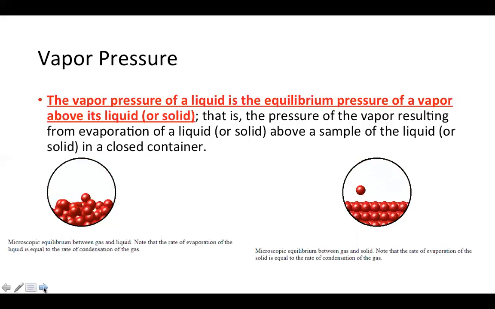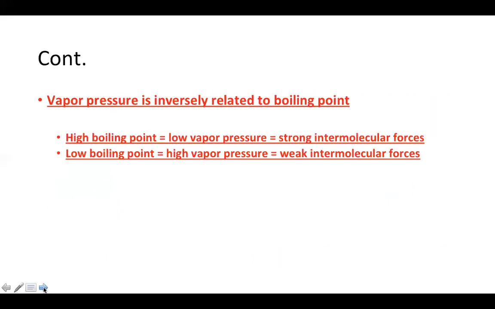Again, you might see vapor pressure with a question related to intermolecular forces. Vapor pressure is inversely related to the boiling point. Remember we said before that the higher the boiling point, the stronger the intermolecular forces.